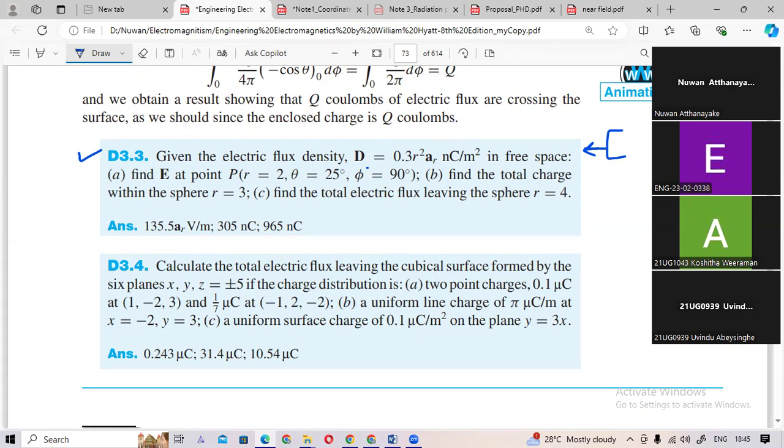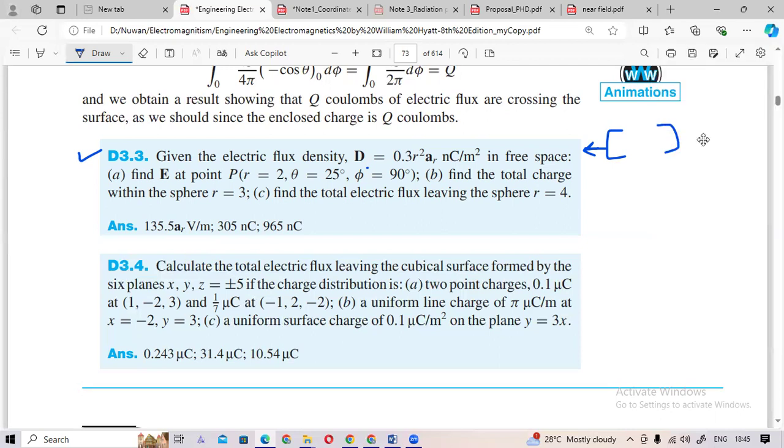Tell me, what is the coordinate system? Quickly tell me. Are you there?